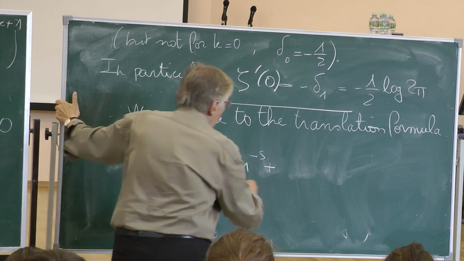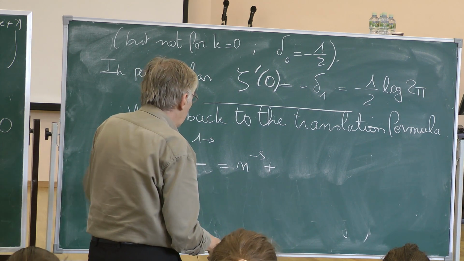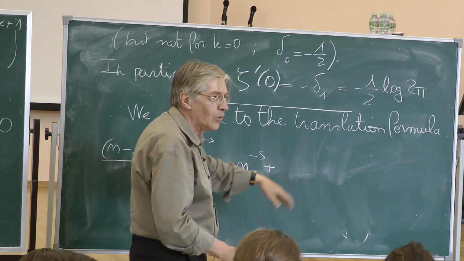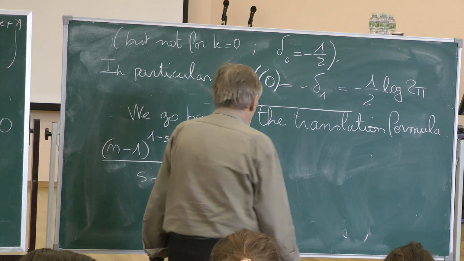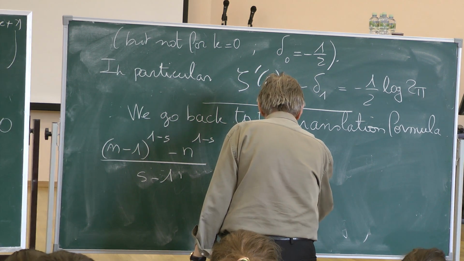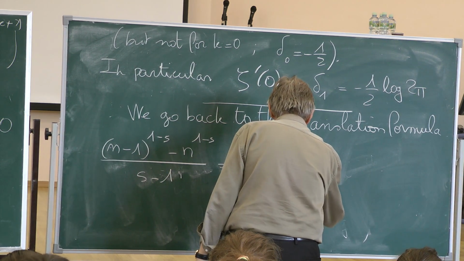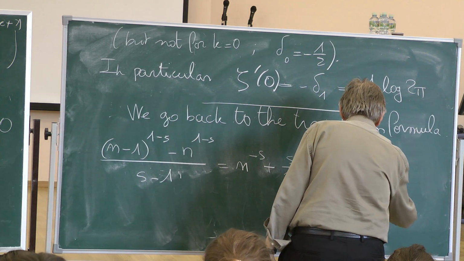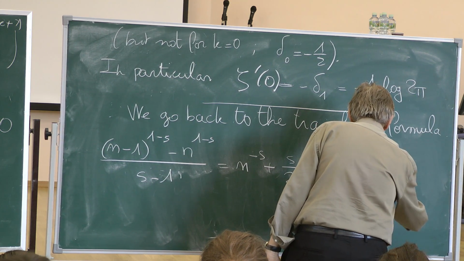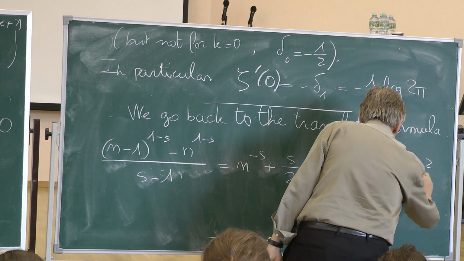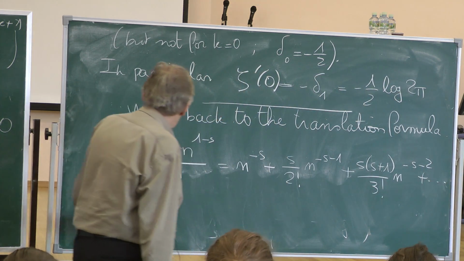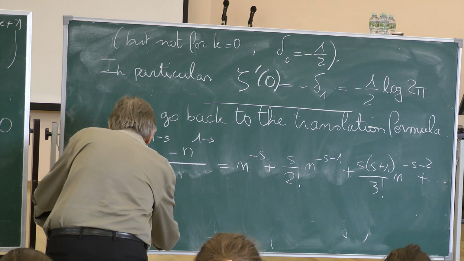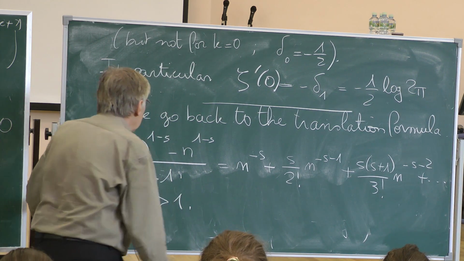I will just write the first three terms, and you understand how it goes later on: n to the minus s plus s over 2 factorial n to the minus s minus 1 plus s times (s plus 1) divided by 3 factorial n to the minus s minus 2 plus etc. So it is just by using the Taylor expansion, and this works for n strictly bigger than 1.